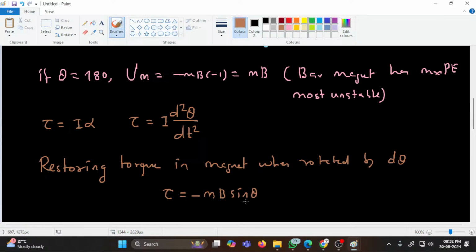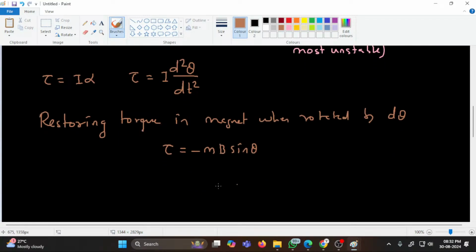The minus sign indicates that the torque is in the opposite direction. So that gives us I into d2 theta upon dt square is equal to minus mB sin theta.